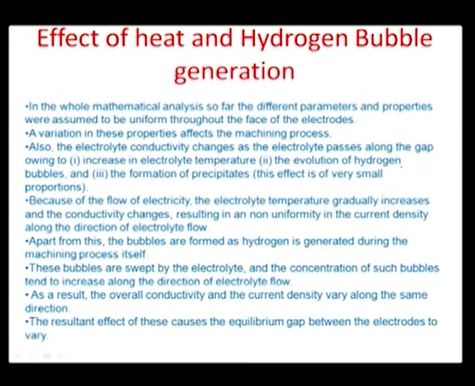The more important aspects associated with the electrolysis are hydrogen bubble generation, thereby registering a change in local conductivity, and non-uniform heating of the electrolyte while passing through the equilibrium gap.